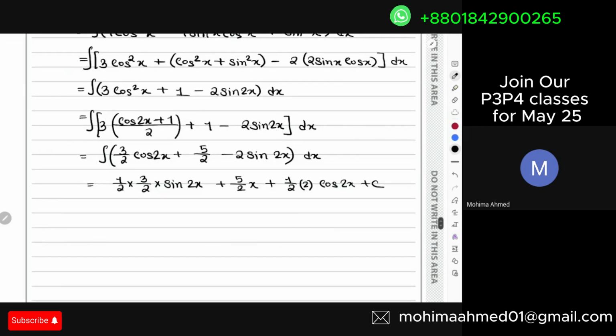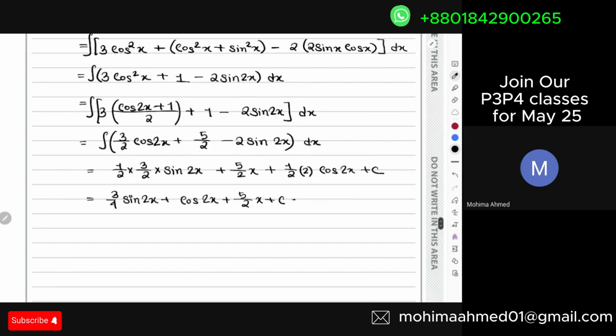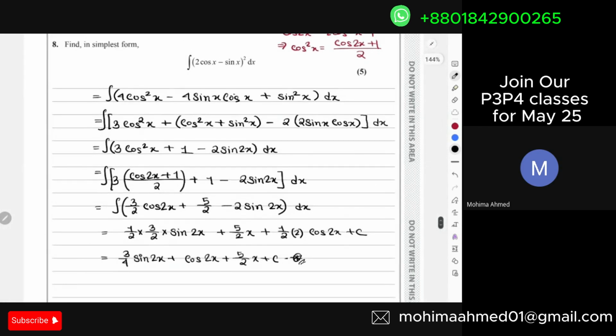And obviously with this c, because this was not an integration with boundary. So you finally get 3 by 4 sine 2x, plus cos 2x, plus 5 by 2 x plus c, right? So this is your final answer, and that is your final integration part.